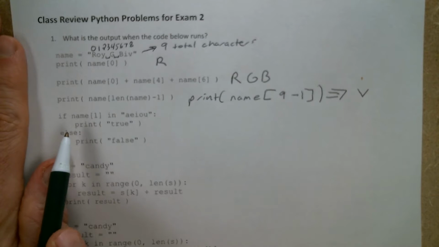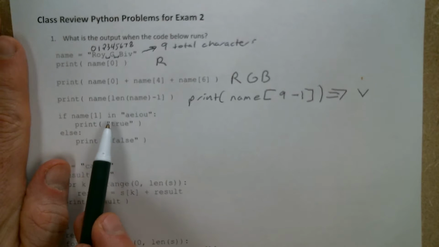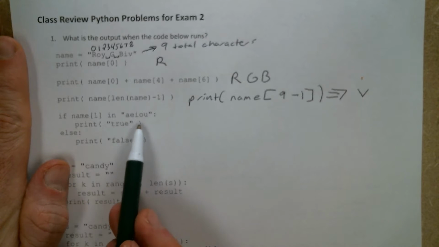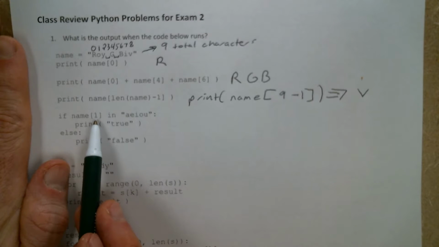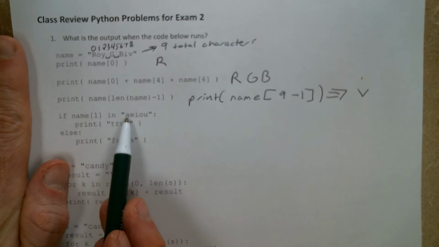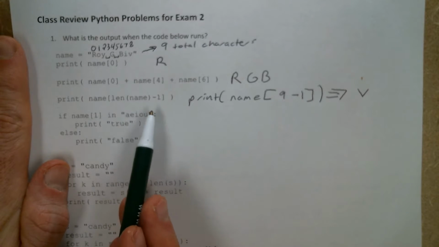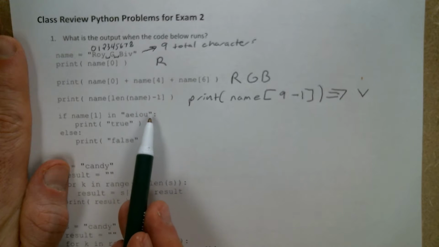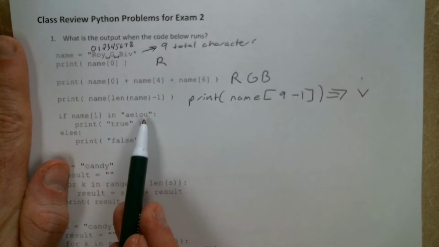All right. Next, we have if name index 1 is in A, E, I, O, U. What this syntax does is check to see if this character is part of this list. It doesn't have to match the entire list. It just has to match one thing in this string or in this list of characters.